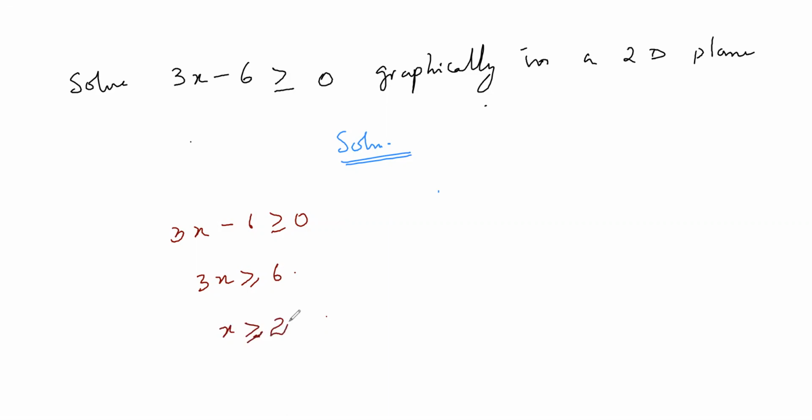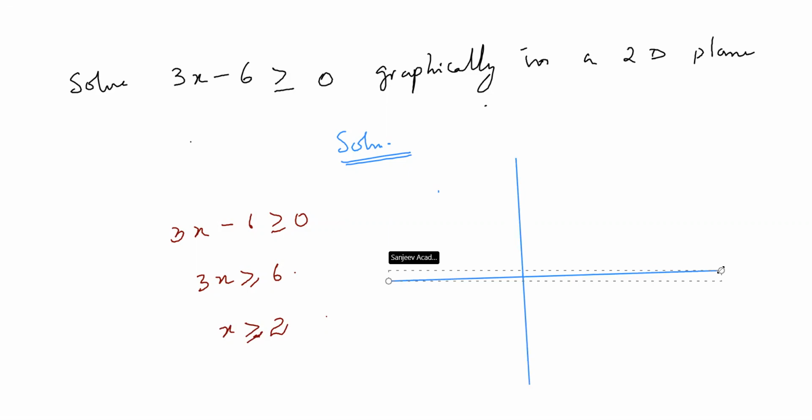Now if you're drawing the graph in two dimensions, x and y respectively. Correct? Now if this is my 0 here, this is my 1, this is my 2 here.